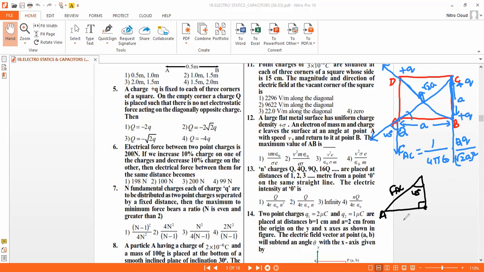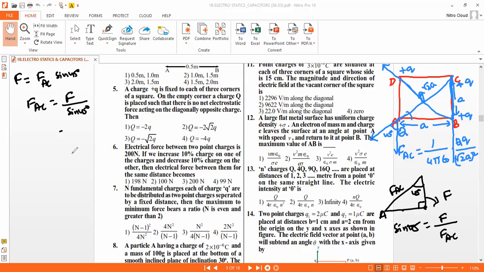So we can write sine 45 equal to, suppose this is f by FAC. So I can write FAC sine 45 equal to f, or else FAC is equal to f by sine 45.